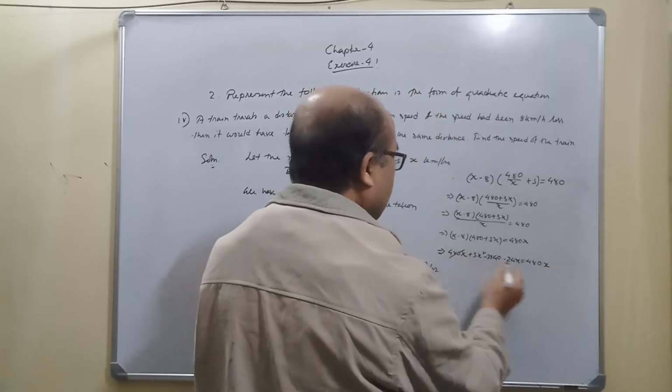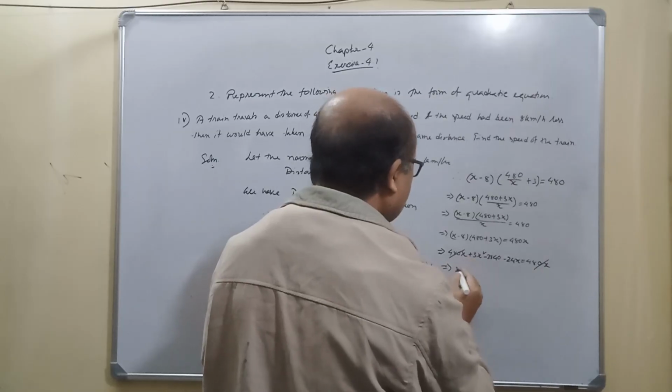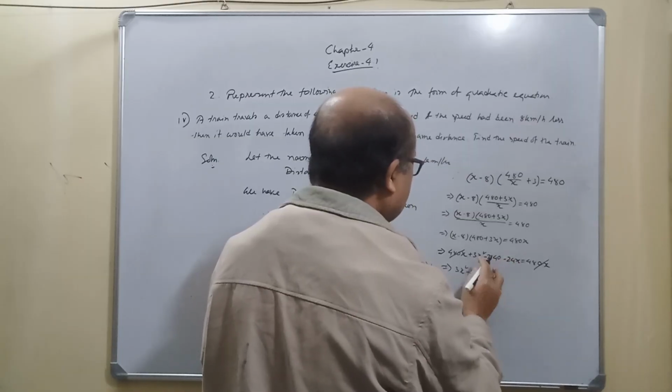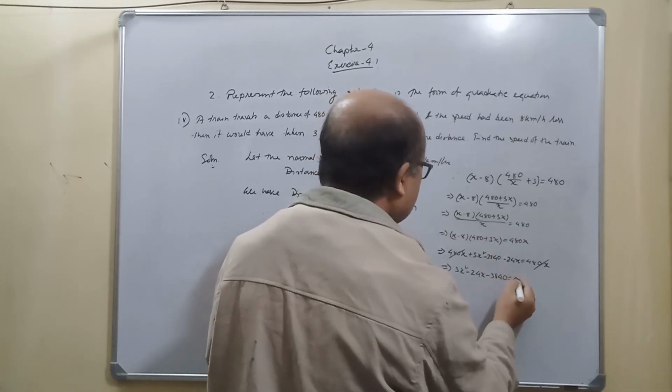Now 480x cancels out. So we are left with 3x square minus 24x minus 3840 equal to 0.